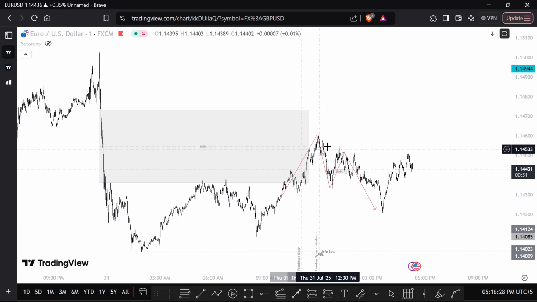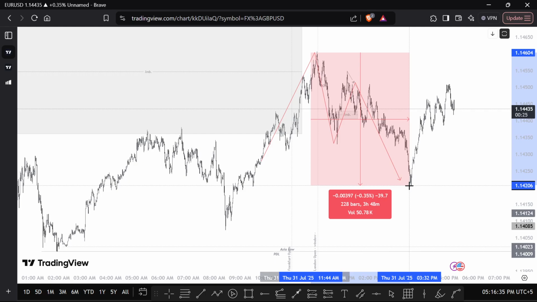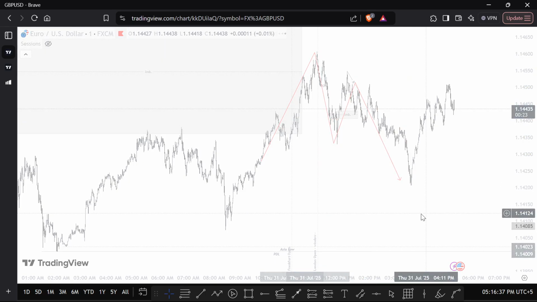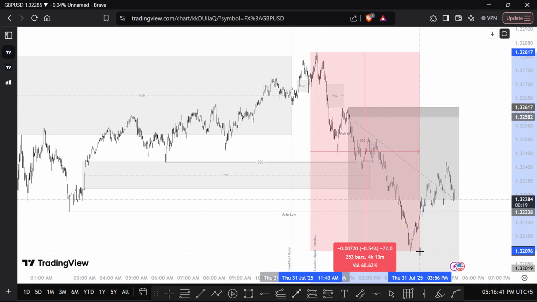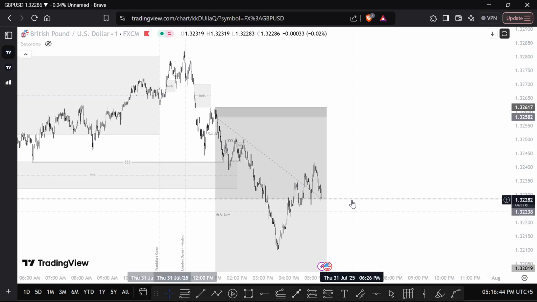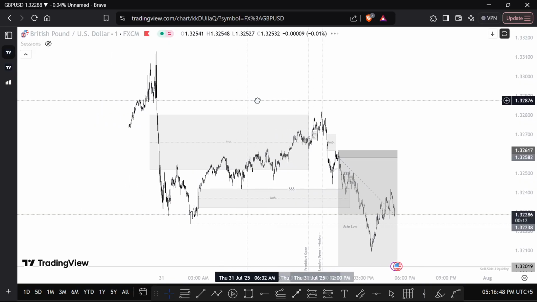That's why you can see this is the sweep, and after sweeping the previous high, we got the impulse of around 40 pips on EU. Meanwhile on GU we got the impulse of around 70 pips. So a major difference, 40 pip versus 70 pip, a 30 pip difference. Things are going really nice on GU on the bearish side.